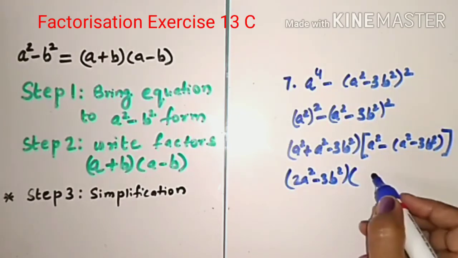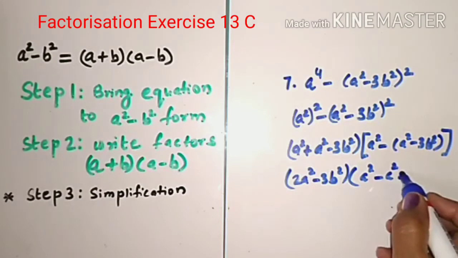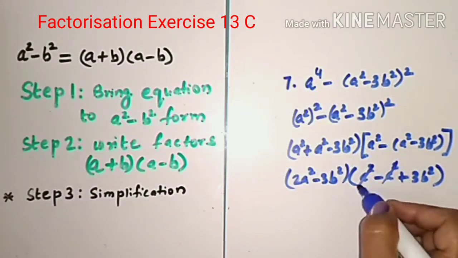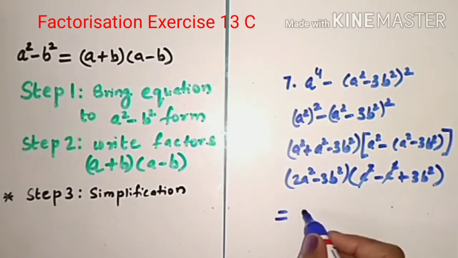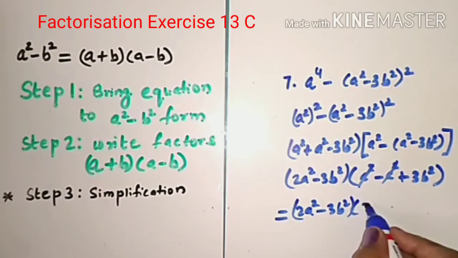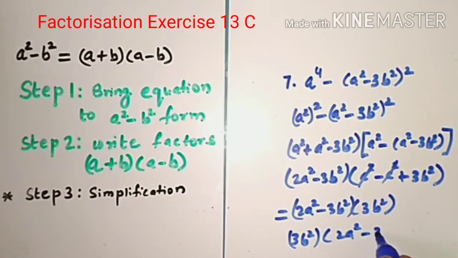Here we will open the bracket: a square minus a square plus 3b square. This will get cancelled. We have 2a square minus 3b square, and 3b square. We can write this in front: 3b square (2a square minus 3b square).